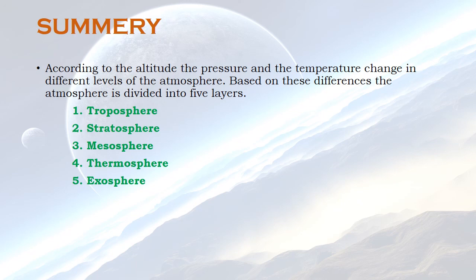And the stratosphere is the next layer above the troposphere and below the mesosphere. And this layer contains ozone molecules, which also protect us from the UV light radiation.